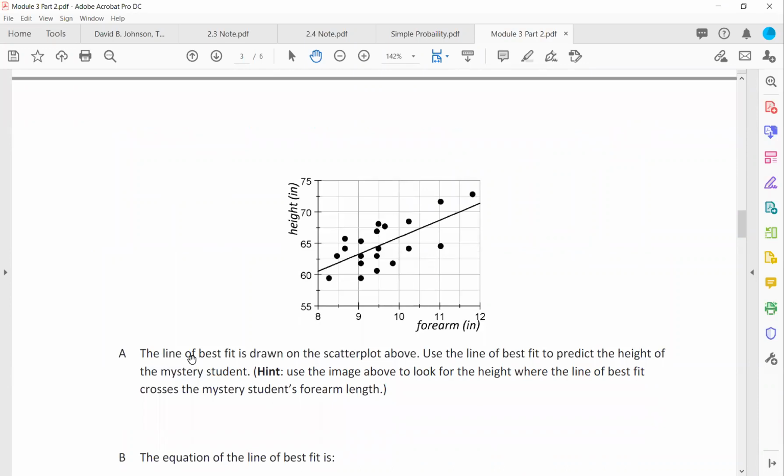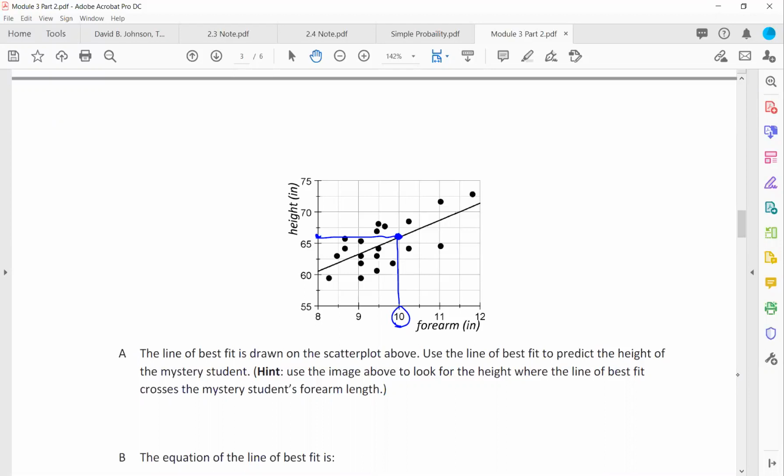A. The line of best fit or the regression line is drawn on the scatter plot above. Use the line of best fit to predict the height of the mystery student. Remember that the forearm measurement for the mystery student was 10. So based on your linear model, the regression line, it fits to this point on the line. If you match it to the vertical axis, you have your height.